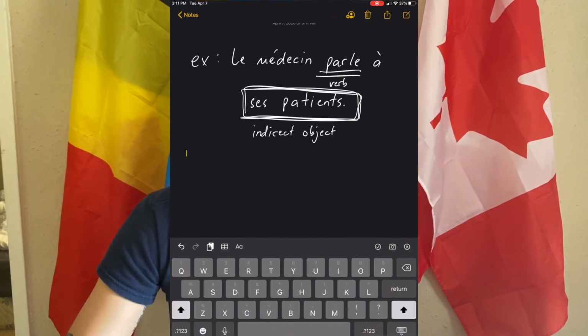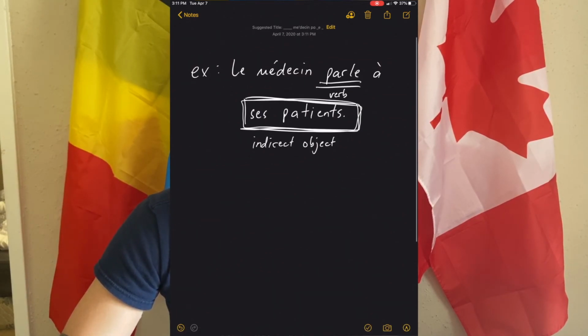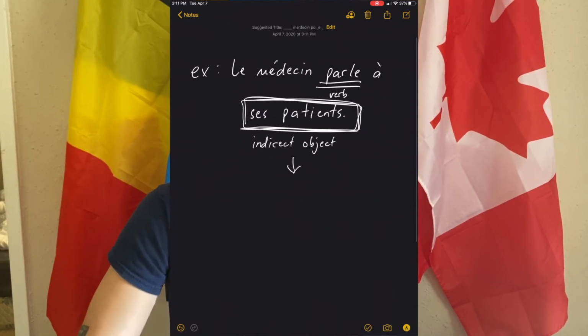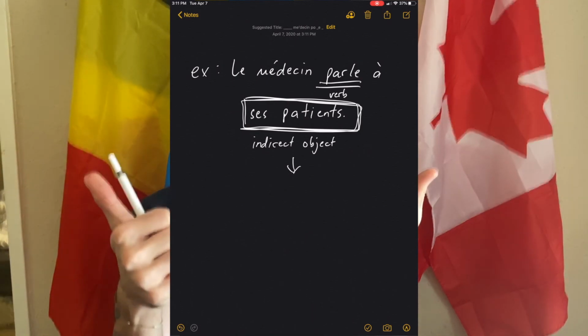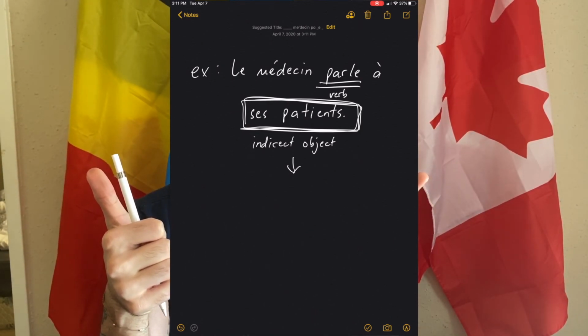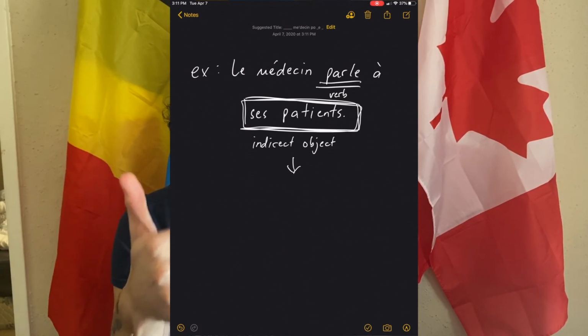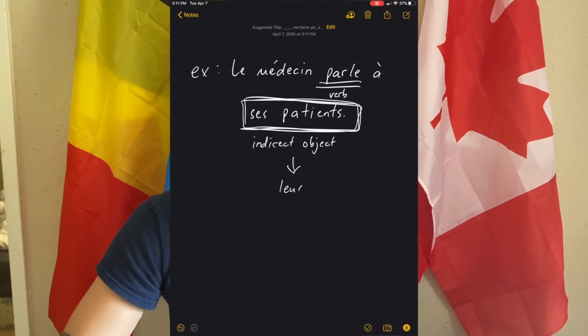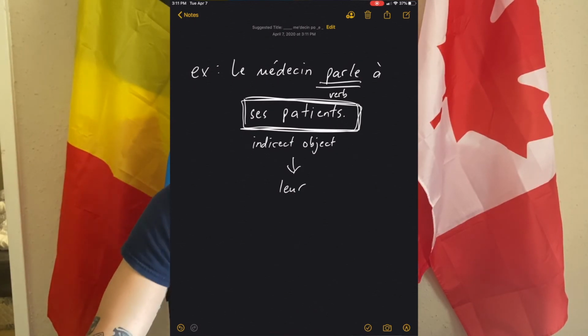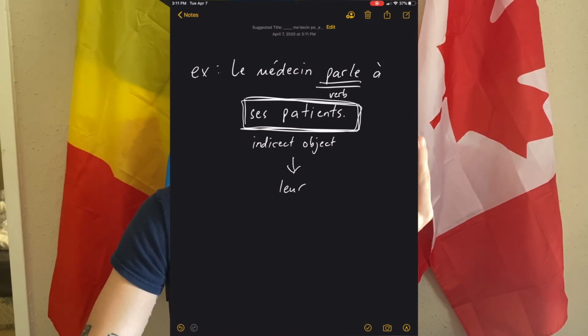So I have to decide now, is my indirect object singular or plural? His patients. Yeah, it's going to be plural. So am I going to use lui or leur? I'm going to use leur. Alrighty. So again, now that I have my indirect object pronoun, leur, it's going to go where?